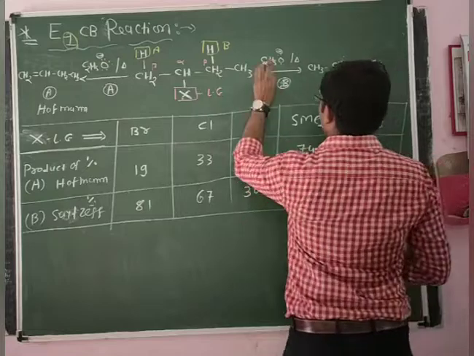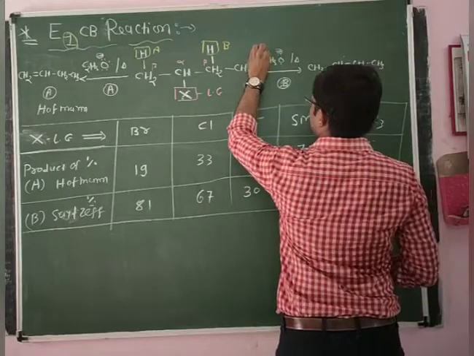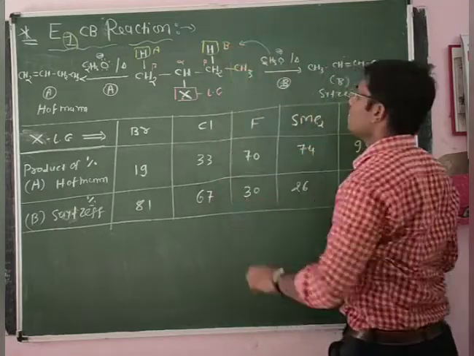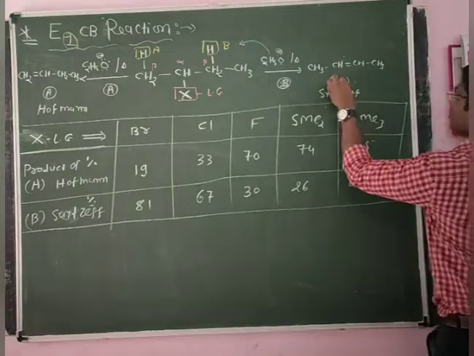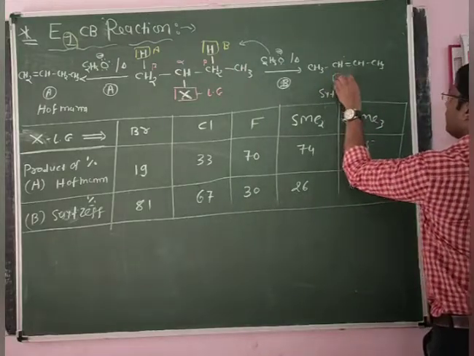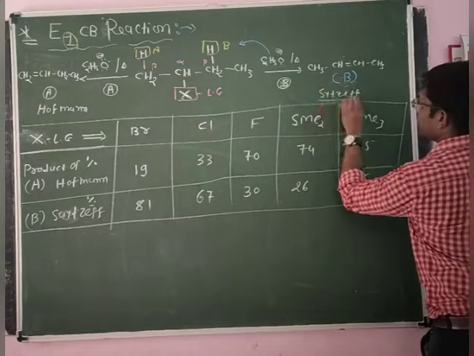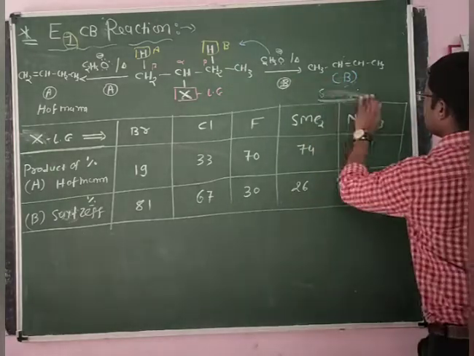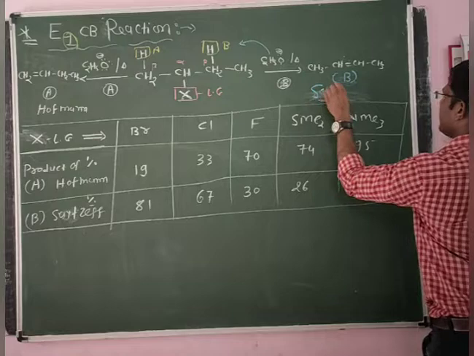If our base first attacks this beta carbon, then we get this product B, and this is the Saytzeff product.